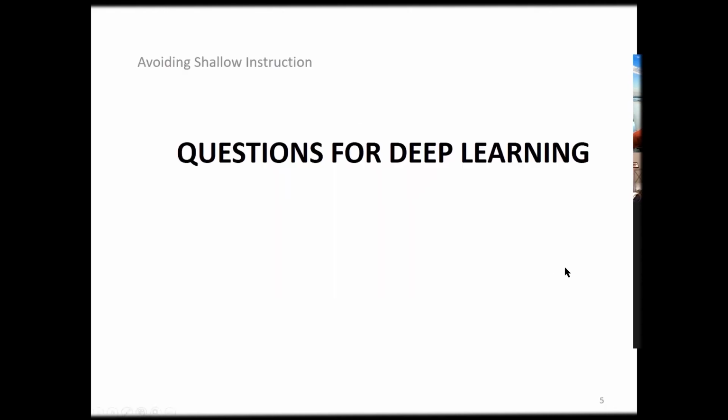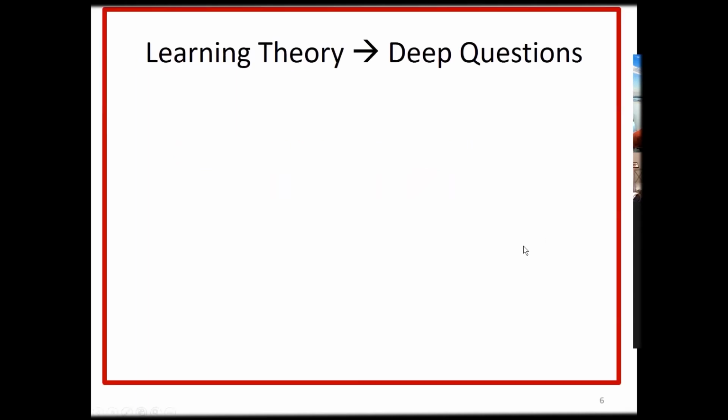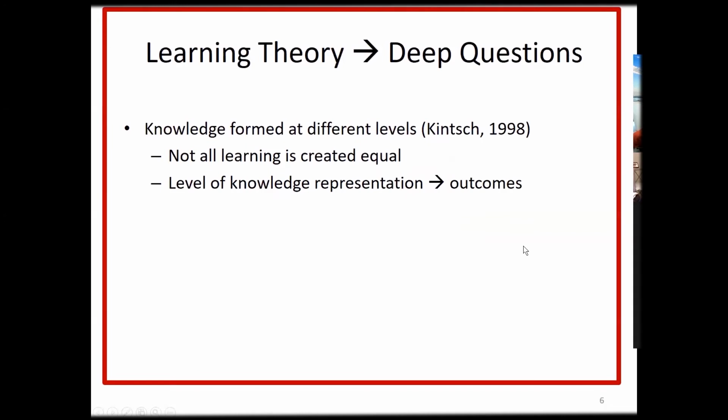So here we come to the topic of today, the questions for deep learning. The first is Walter Kintsch, who is a professor at the University of Colorado. He described knowledge at different levels. Not all learning is created equal. Some students learn at a shallow level, others at a deep level.